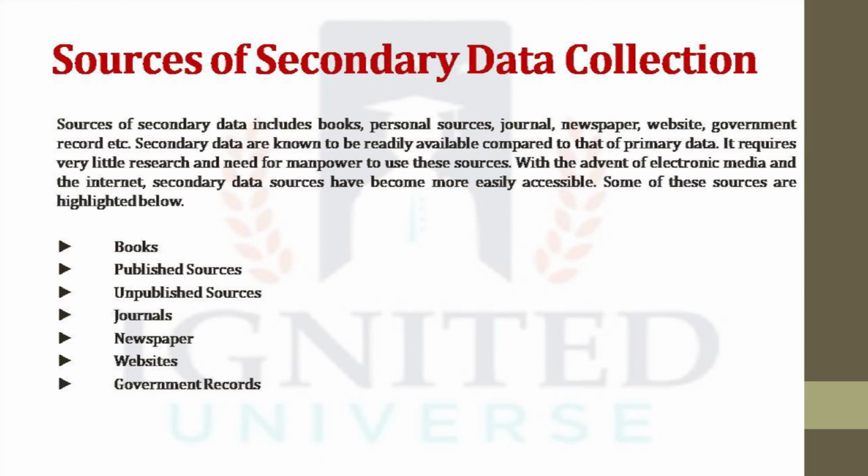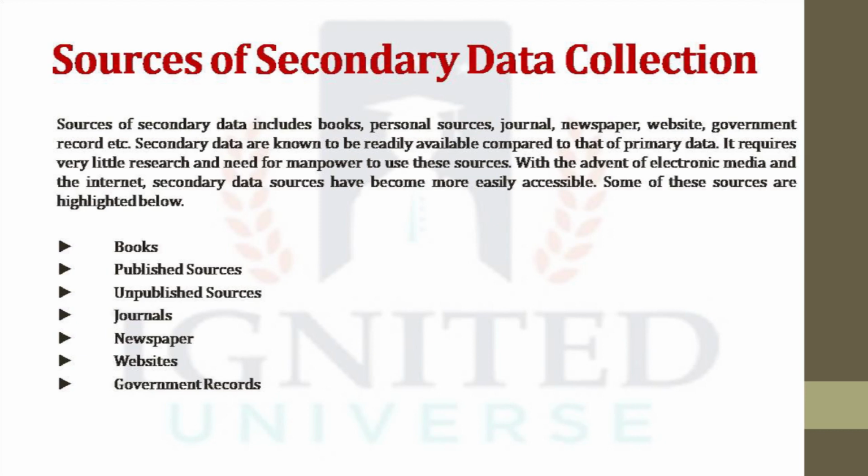It is to be noted that secondary data are readily available compared to that of primary data. It requires very little research and need for manpower to use these resources.